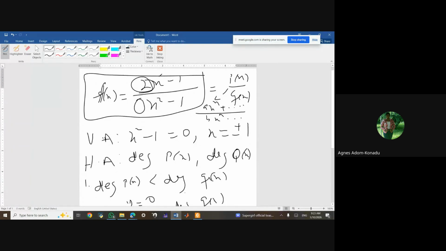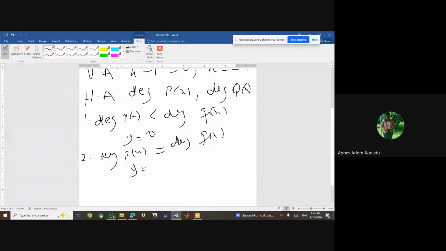So if they have the same degree, I look for the leading coefficient. The leading coefficient of P of x is a, the leading coefficient of Q of x is b. So my horizontal asymptote will be the line y equal to a over b.